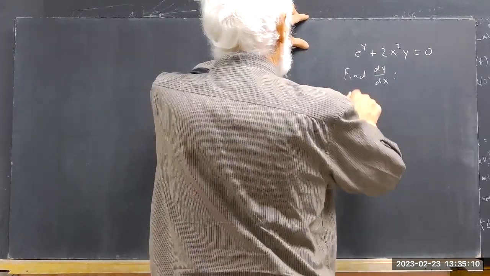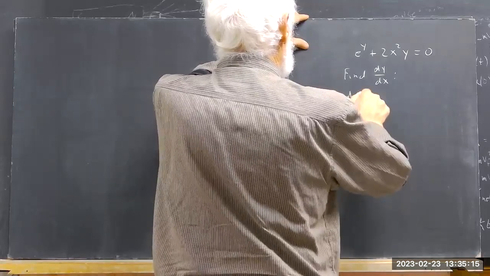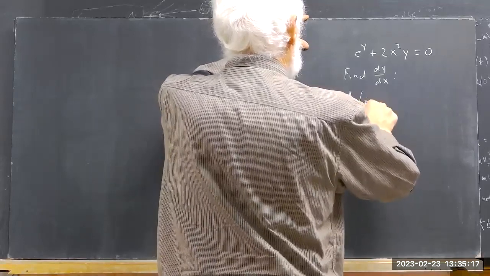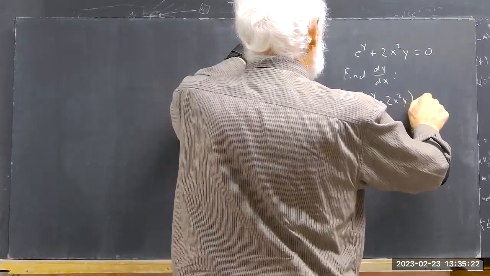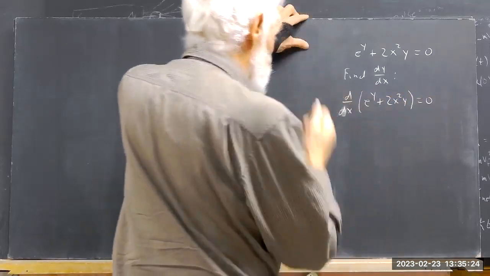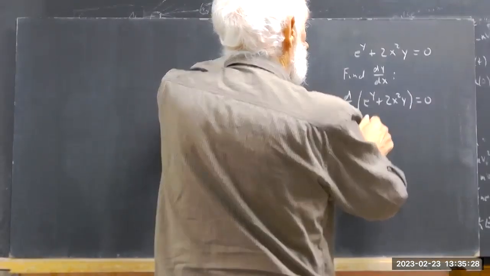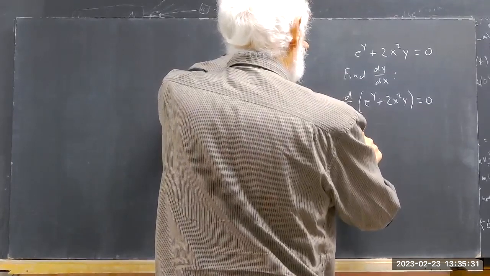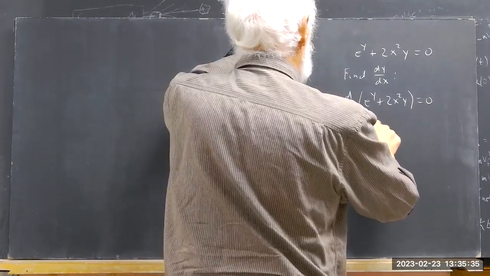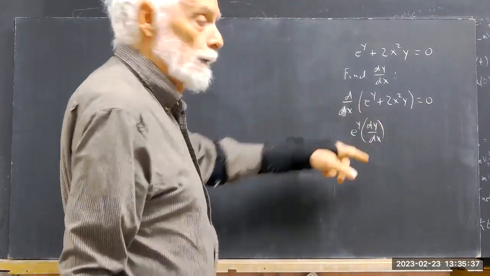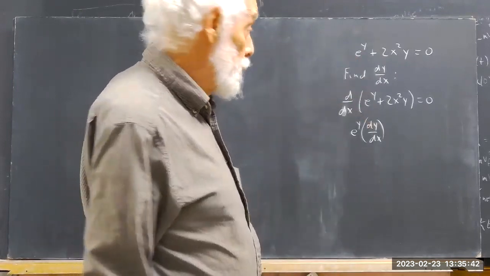We take the derivative with respect to x of e to the y plus 2x squared y equals 0. And this gives us e to the y times dy dx, because y is implicitly a function of x. So we have to treat it as we would any function of x.